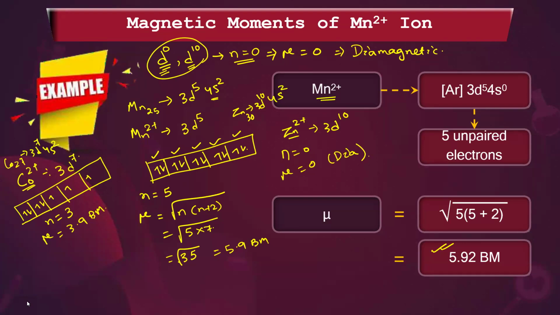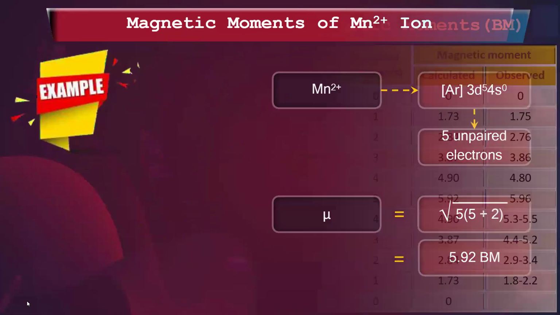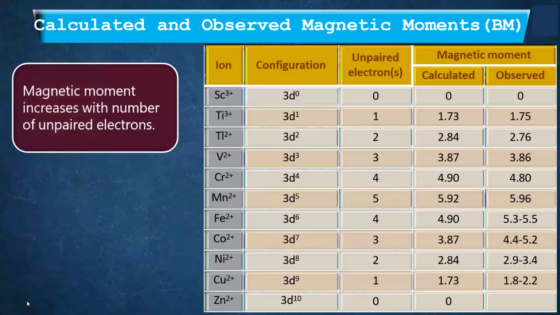Clear? The magnetic moment increases with the number of unpaired electrons. If the number of unpaired electrons increases, the mu value also increases. If n is equal to 2, then mu is equal to 2.89.